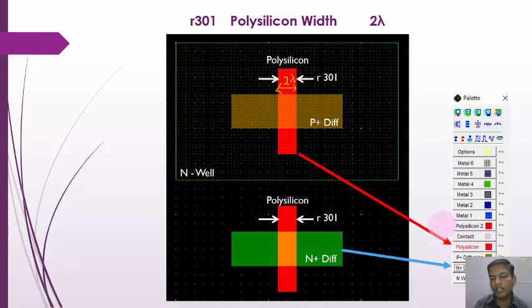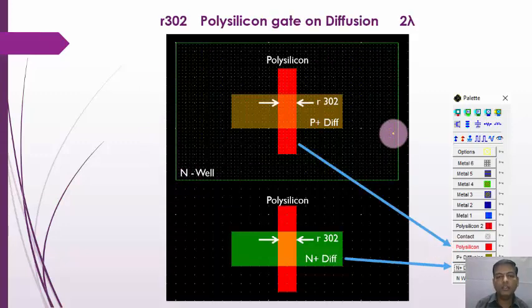The polysilicon layer, red color, we have taken from these particular locations. Have you got it? N plus diffusion is green color, P plus diffusion is brown color, polysilicon is red color, and N1 is green color, dotted area. Have you got it? Okay.